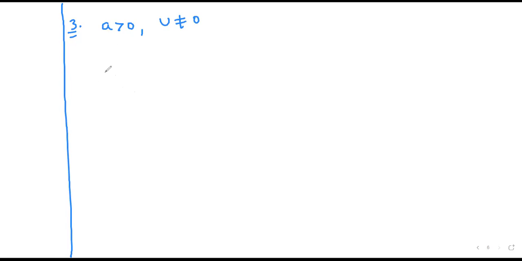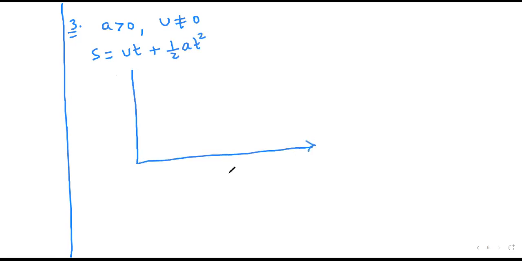By using the ST graph, I need to draw using the kinematic equation of motion, S equal to ut plus half at square. On the x-axis I have time, and on the y-axis I have displacement.